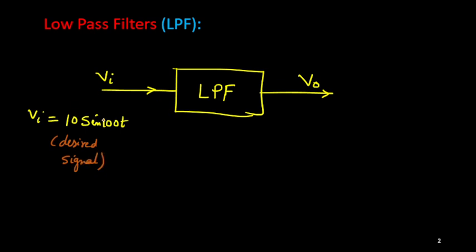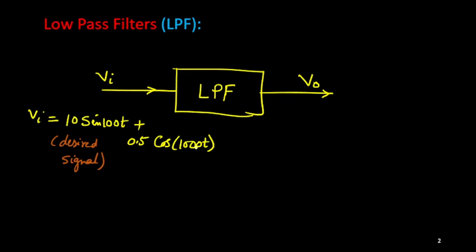Along with this signal we have one more component, an undesired added component, that is suppose only 0.5 times cos 1000t. I can write it as a cos component or sine component, it does not matter.